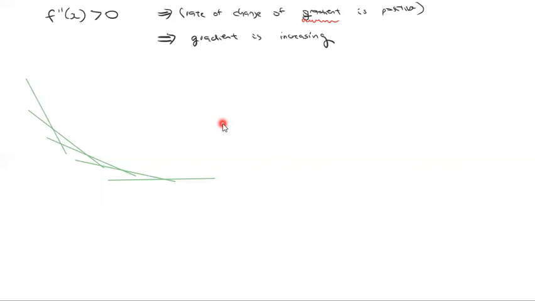If it's increasing, the gradient will be positive. So you'll get something like this happening, which means your curve might have a shape that looks like this. All right, that's one option.